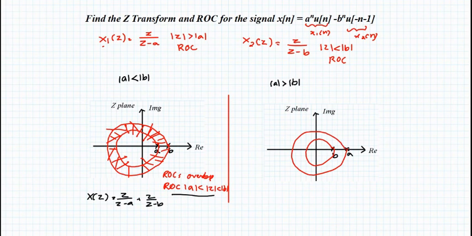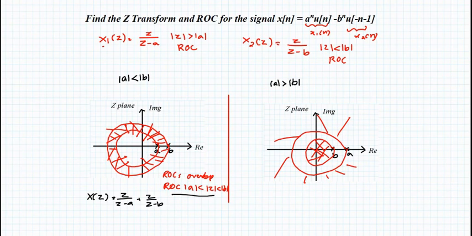And you can say the first case, modulus of z greater than a, means outside the circle. And the second case, modulus of z less than b, means interior of the circle. This is the region, and you can see that there is no common area in this particular case.